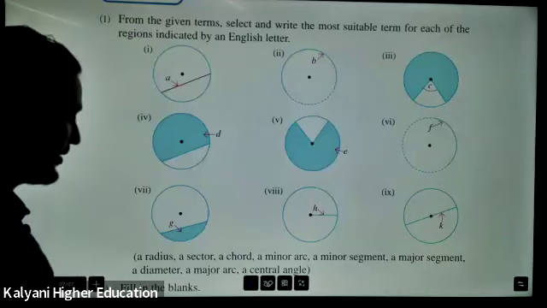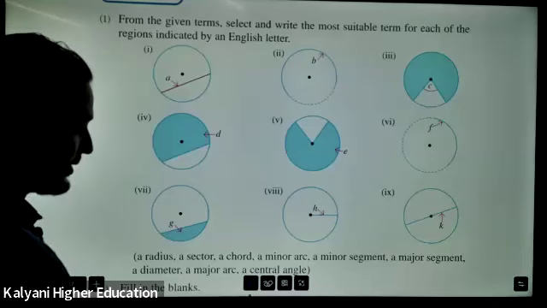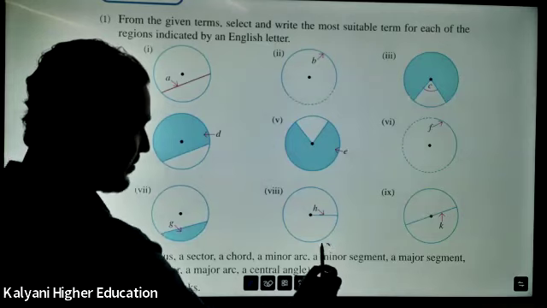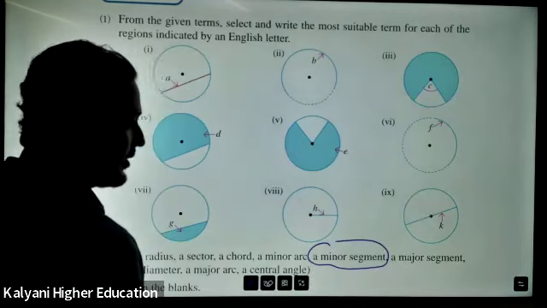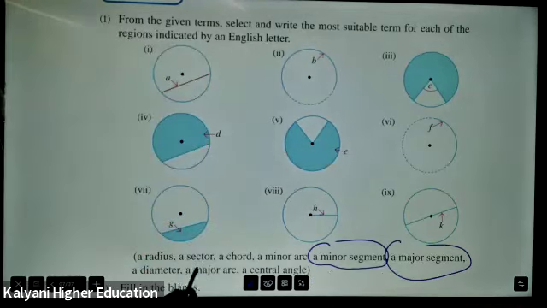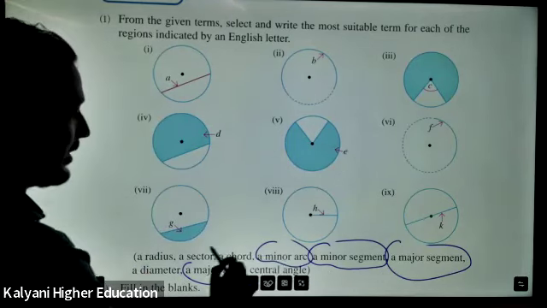Look at it carefully. A minor segment and a major segment are there, and they are given minor arc and major arc.